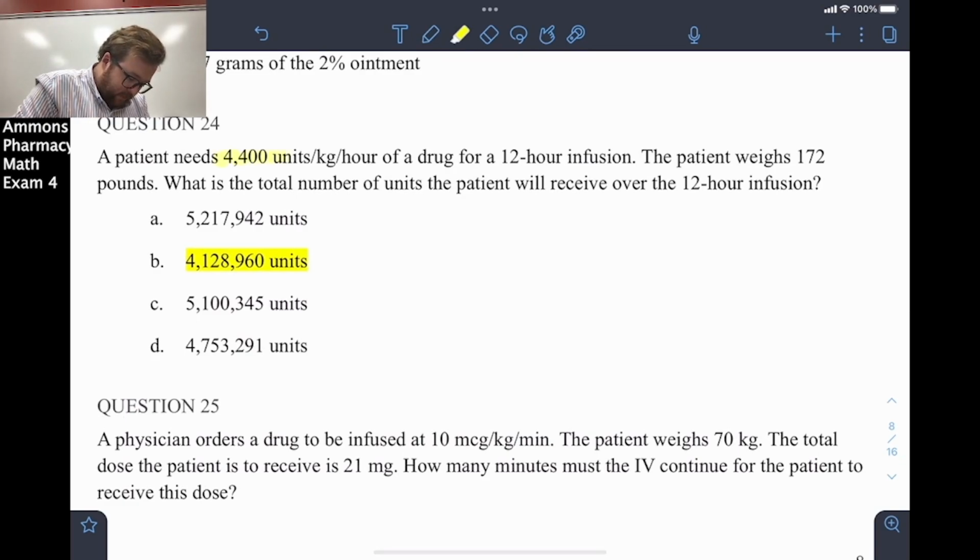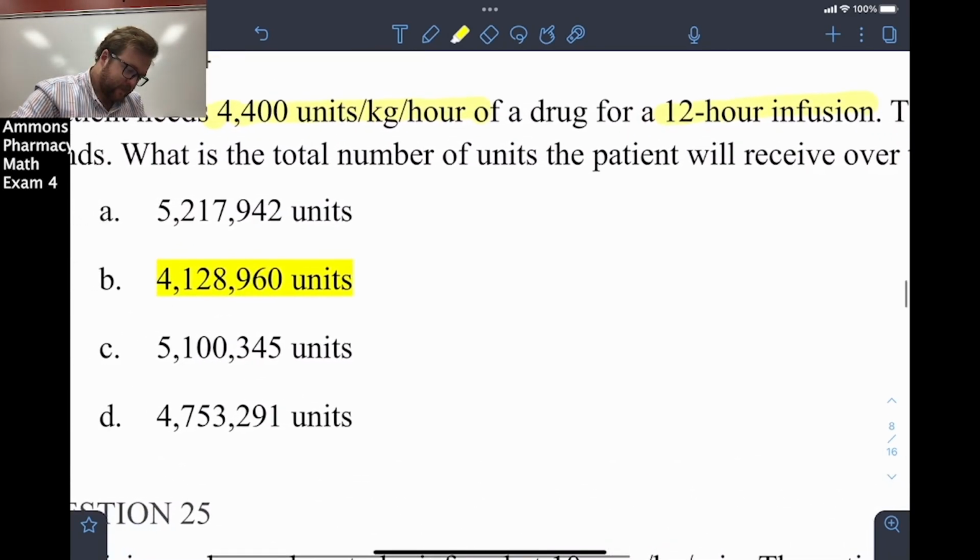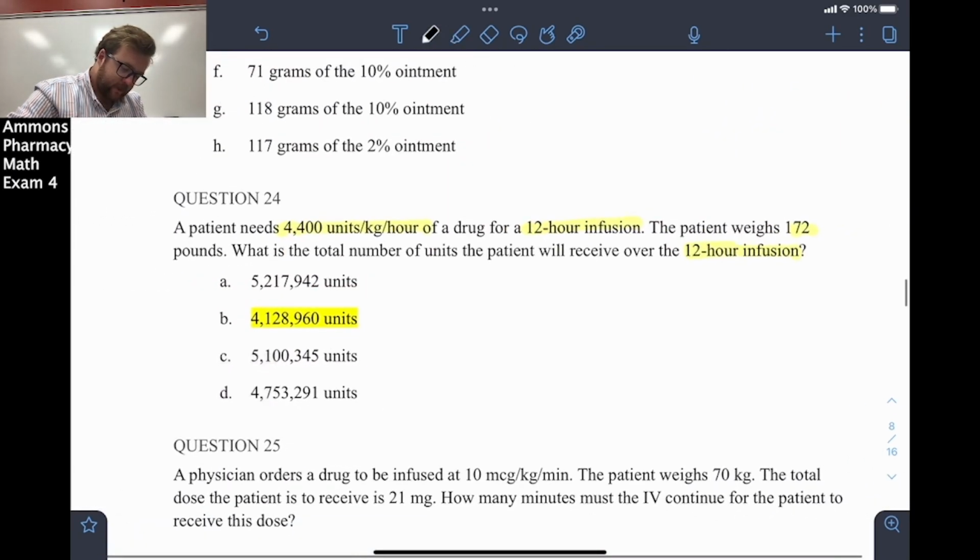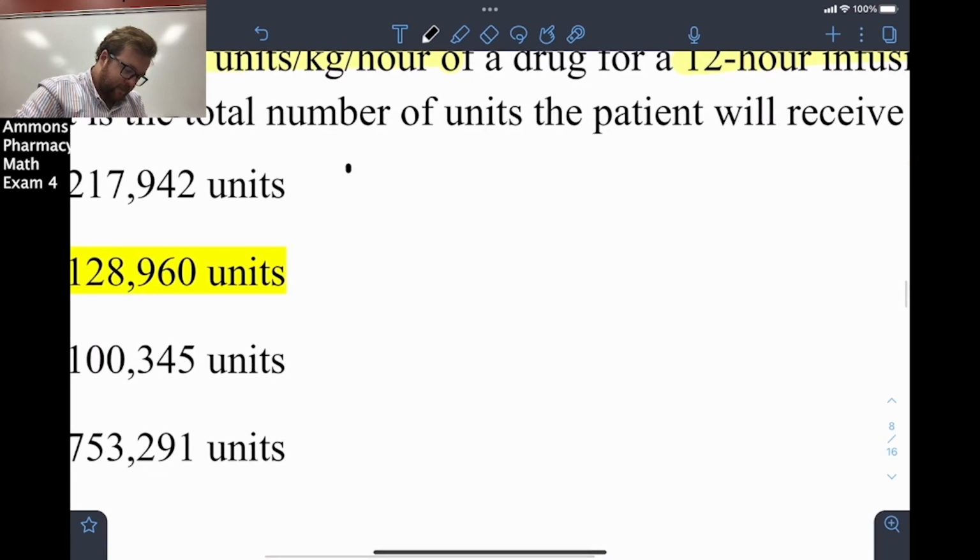Patient needs 4,400 units per kilogram per hour for a 12-hour infusion. They weigh 172 pounds. How many units will they receive over the entire 12 hours? So on weight base, we're always going to calculate our patient's weight in kilos. 172 pounds.